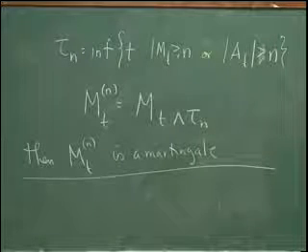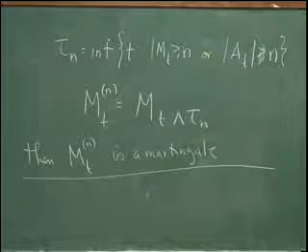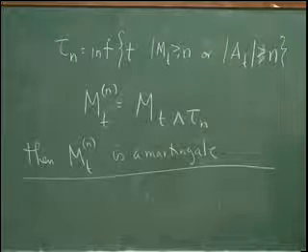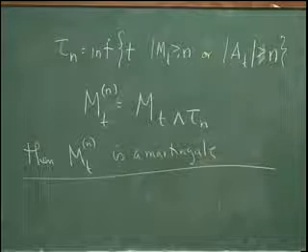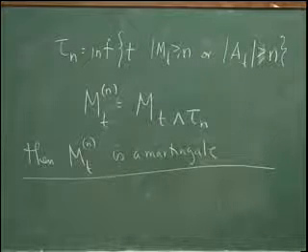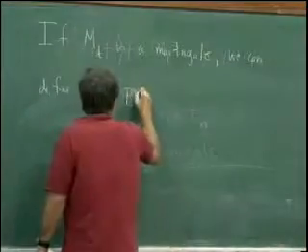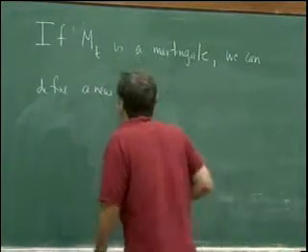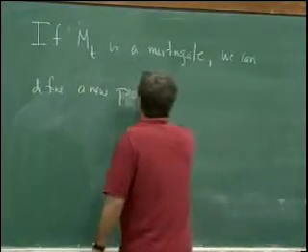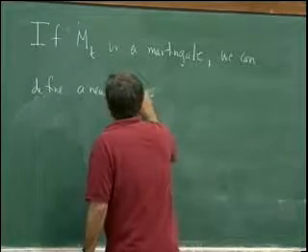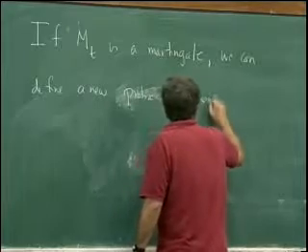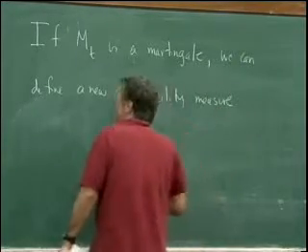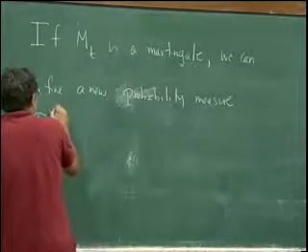So if M_t is a martingale, then we can define a new process, a new probability measure, and I'll use stars for this probability measure.